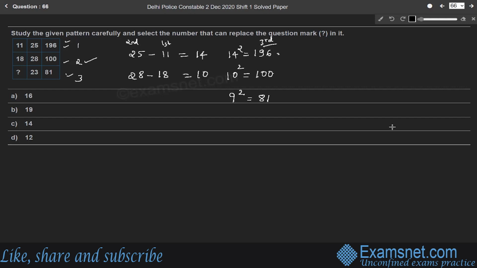So the second number is 23, and the difference must be 9 here. Therefore, what is the first number? It is 14. 23 minus 14 becomes 9, and its square is the third number. Hence, the number is 14.